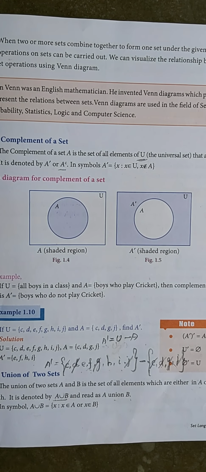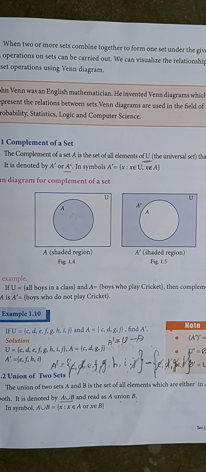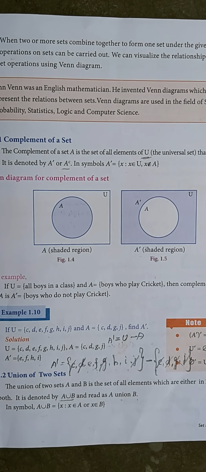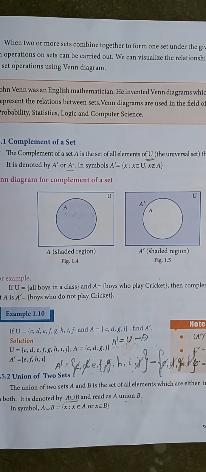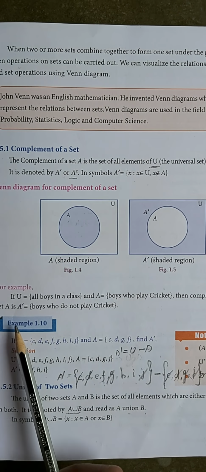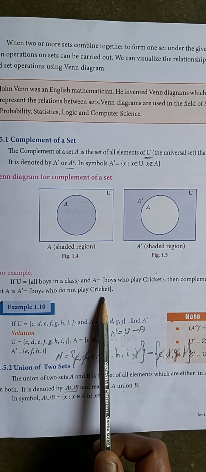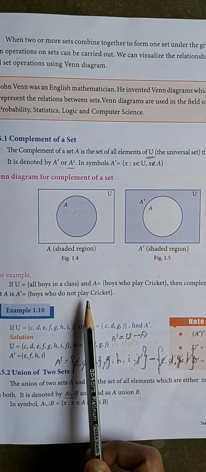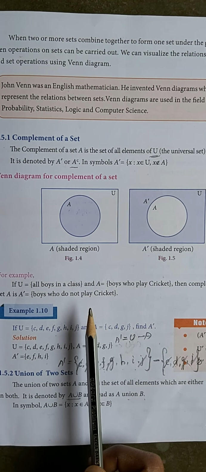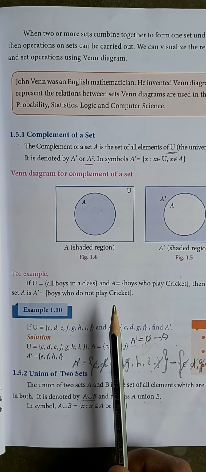Given A, you find A dash. A dash means the remaining members who do not play, that is, boys who do not play cricket. Do you understand, students? That is complement of a set.